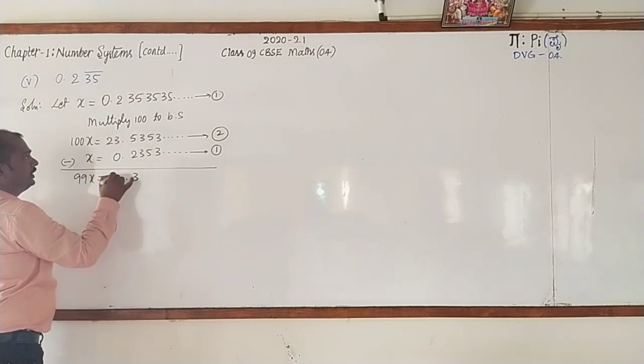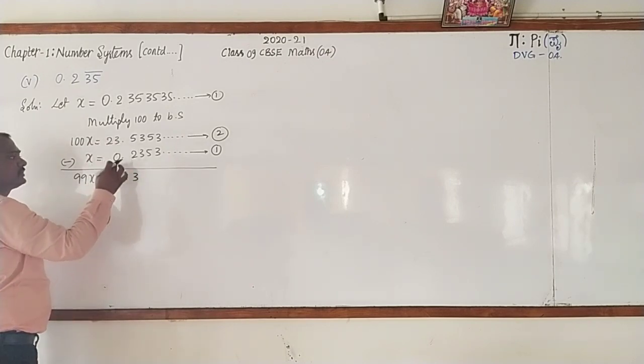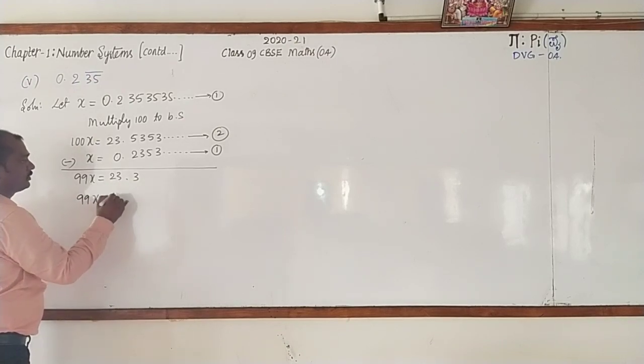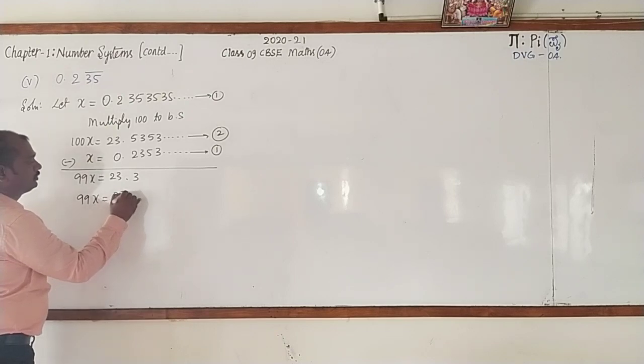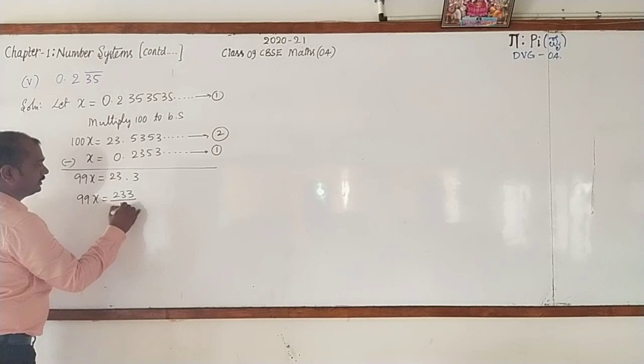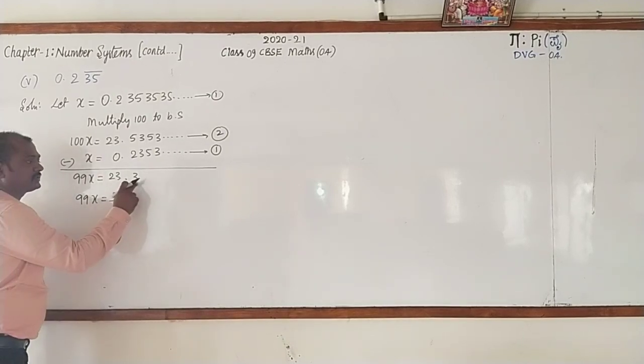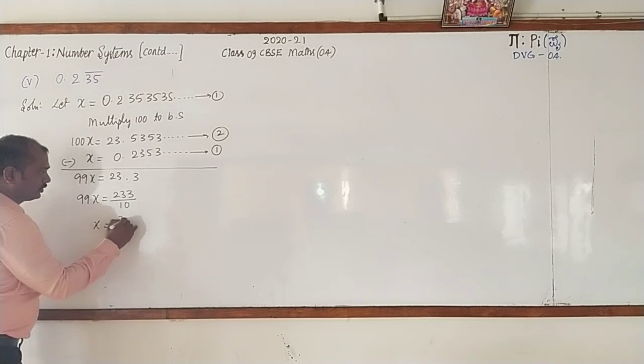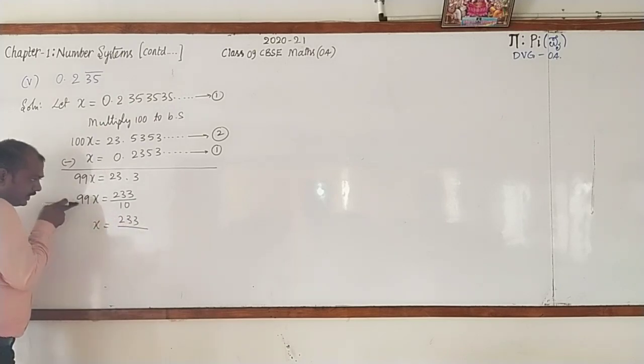Now here 23 as it is, because 23 minus 0 is 23 only. Now 99x equal to 23.3 can be written as 233 by 10, because after the decimal we have one digit. Now cross multiply. x equal to 233 divided by 99 into 10.